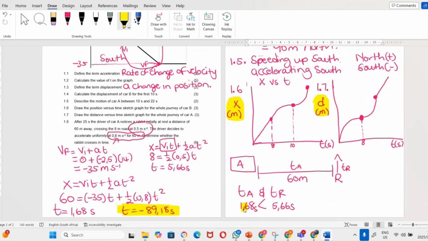And so it takes less time for the car to reach the point where the rabbit is, and it's definitely going to knock it over and cook it for the night. So the rabbit will not cross in time. And that's it. I hope that helps. Thank you.